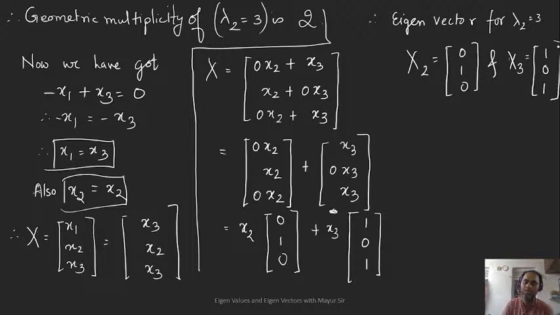These are the two eigenvectors that you can get. So I hope you followed this.